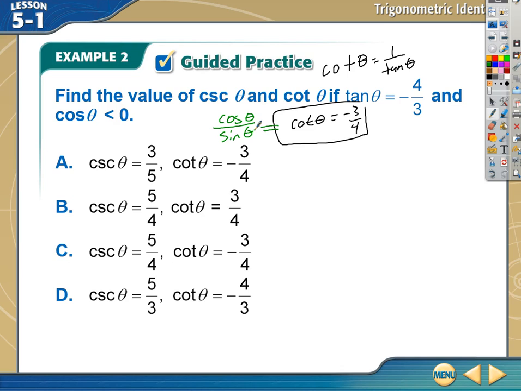And if I know that cotangent is negative, and cosine is negative, what do I know about sine? Sine better be positive. So sine's got to be a positive number. Okay. All right. So that's good to know. So I should be able to find out what sine is maybe.